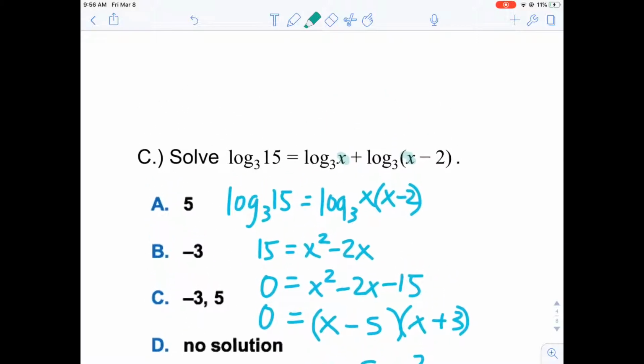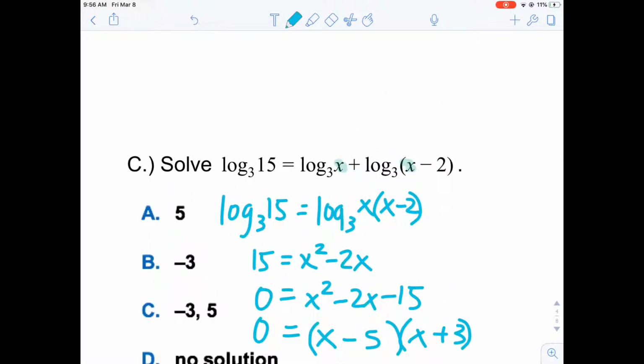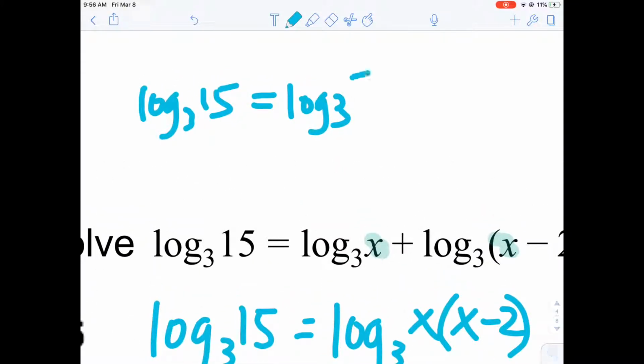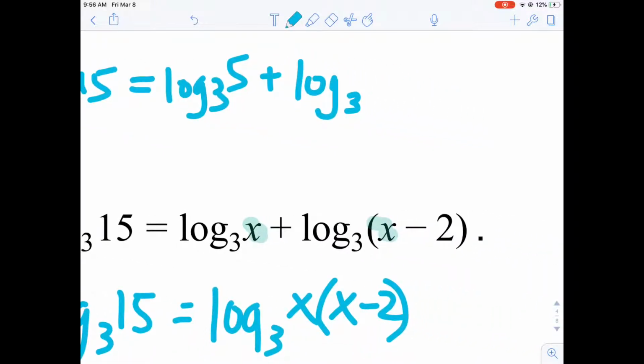So let's start with 5. I have log base 3 of 15 on this side, log base 3 of 5 plus log base 3 of 5 minus 2.